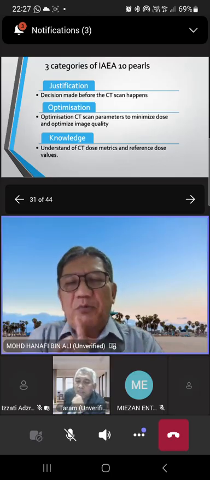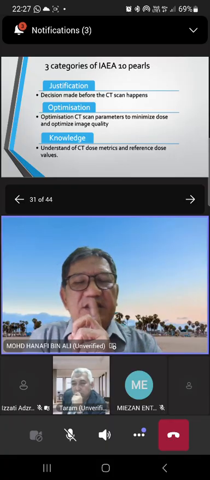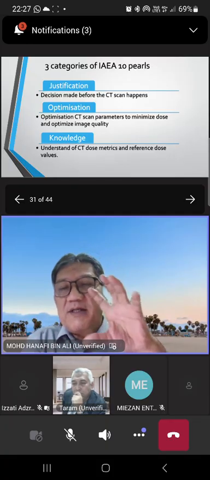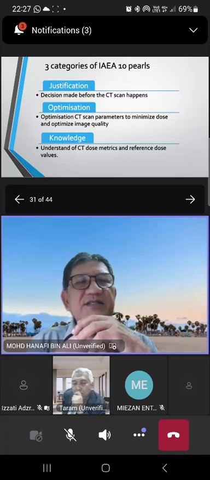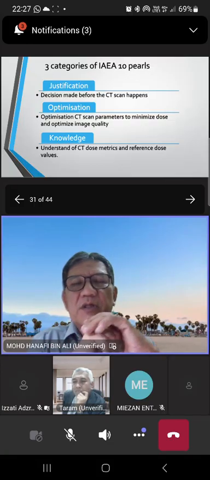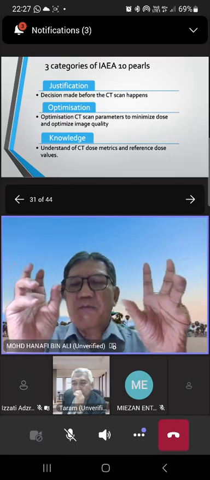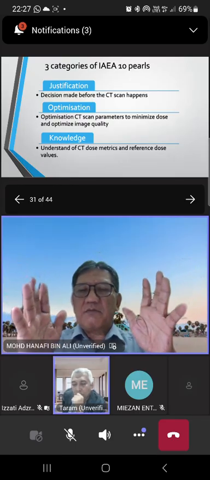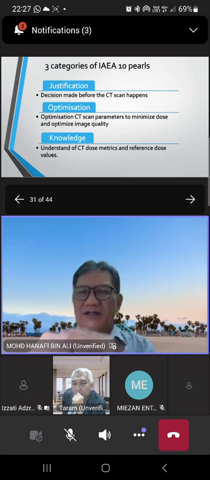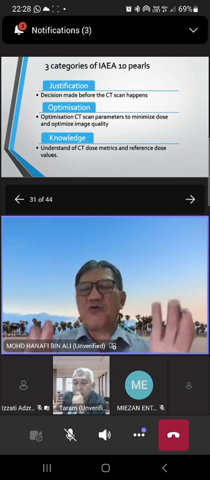If you want to read the report, this one is global. There's another report on CT scan, computed tomography, by a division, I mean a department, from WHO.